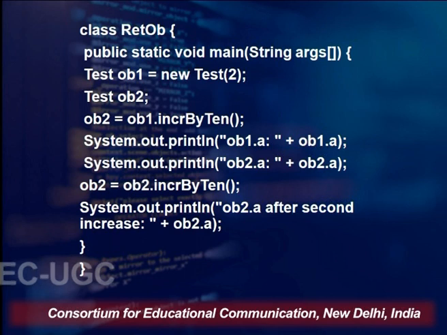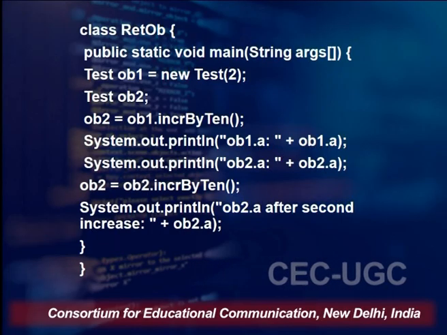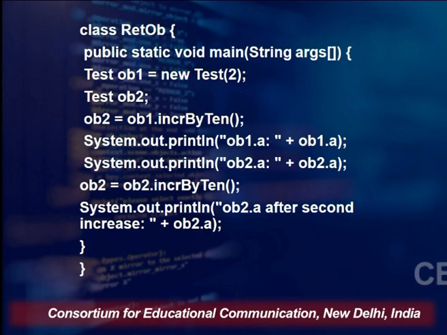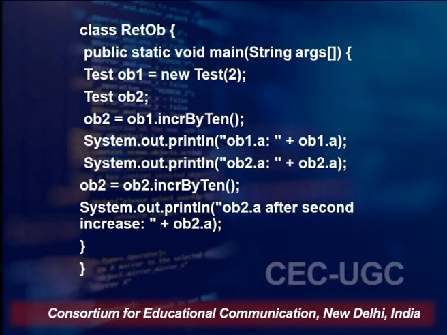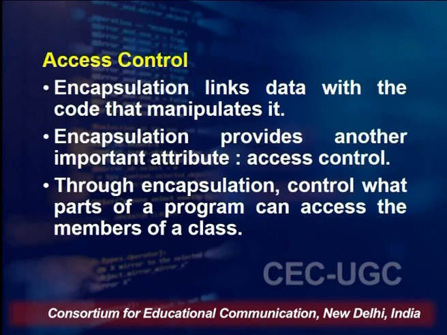So three values we have printed, which are OB1.a, OB2.a, and then OB2.a again after incrementing by 10. The initial value of OB1.a will be 2, which we have passed. Then the value will be 2 plus 10, which is 12, and after the second increment it will be incremented again. So here in this program we have seen how we can return objects from methods.